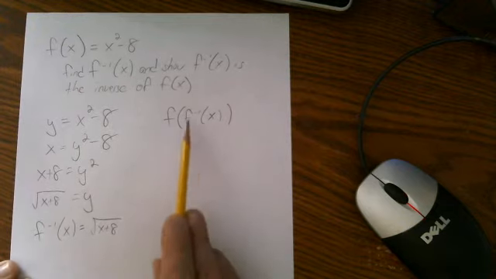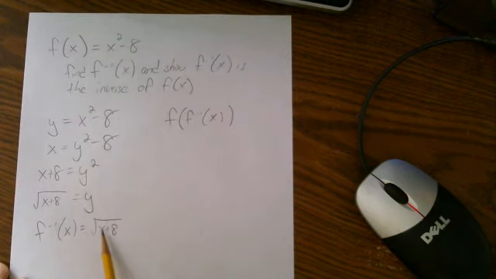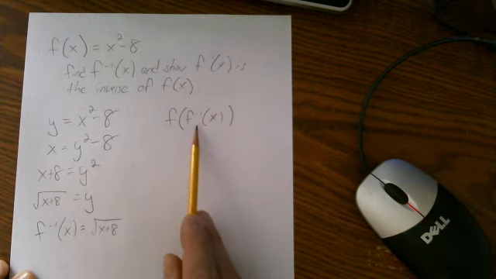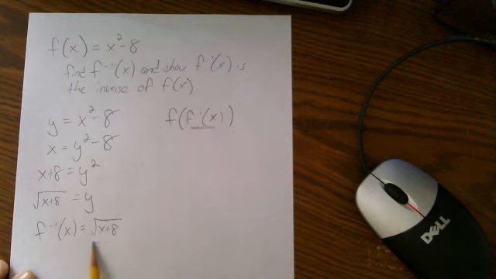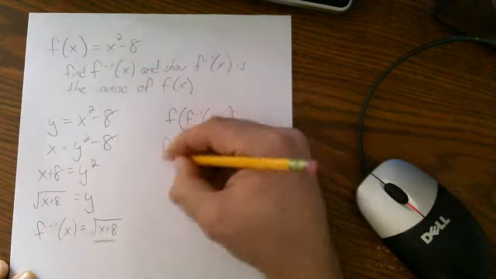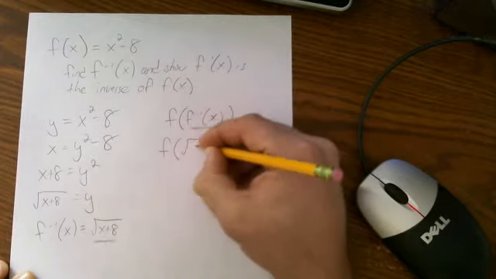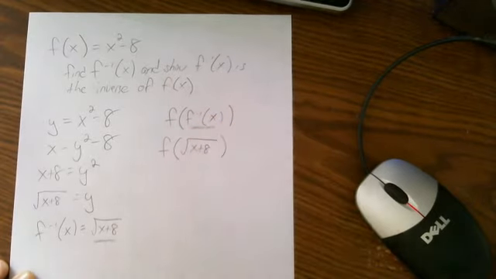Alright, so f inverse of x is radical x plus 8. So we're going to plug in radical x plus 8 in for f inverse of x. So we want f of radical x plus 8.